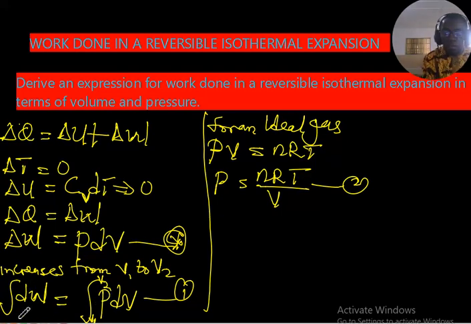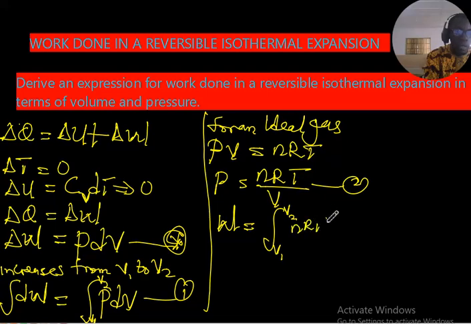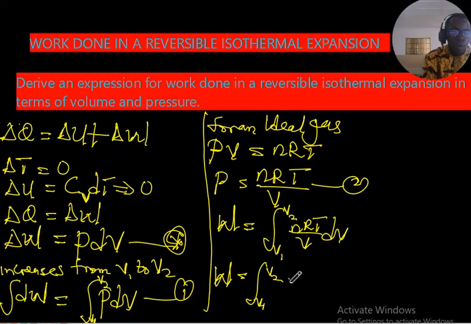So if you integrate the work, it will be the integral, as I move from V1 to V2, of, in place of P, nRT over V, dV. So the work done here is the integral from V1 to V2 of nRT over V dV.